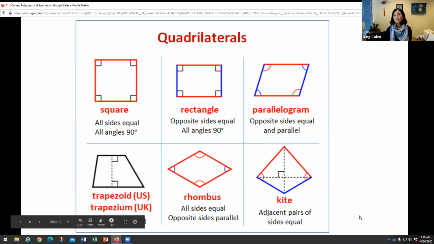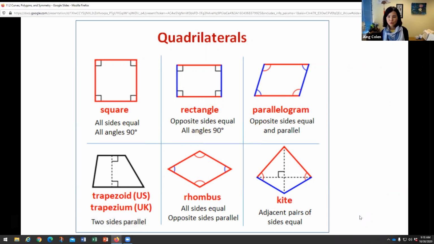So here I'm summarizing the quadrilaterals. We talked about square, rectangle, parallelogram, trapezoid, rhombus, and kite. What does square mean? To be a square, you need to have all sides congruent. All sides have to be congruent. Also, all angles have to be congruent at 90 degrees.